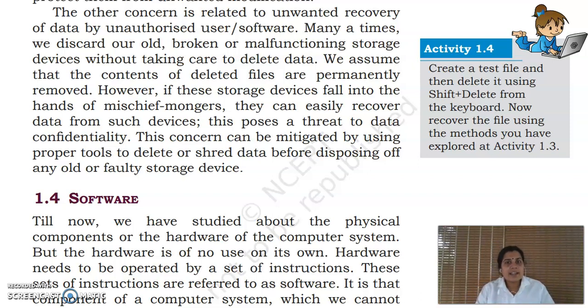When we are discarding our old data or broken devices, we assume that the deleted data is permanently removed. However, if the storage device reaches a mischievous person, he can retrieve that data. For example, from our mobile phone. Suppose our mobile phone is damaged and we think the data will be lost. Sometimes it will be accessed by unauthorized users or hackers, and they can get our data back again.